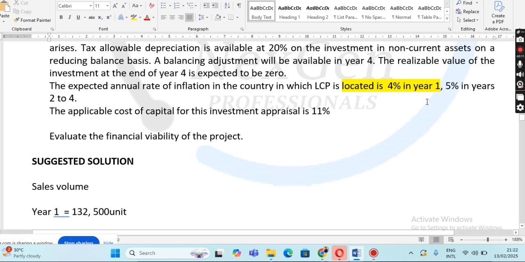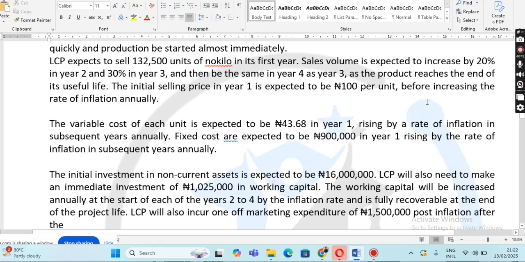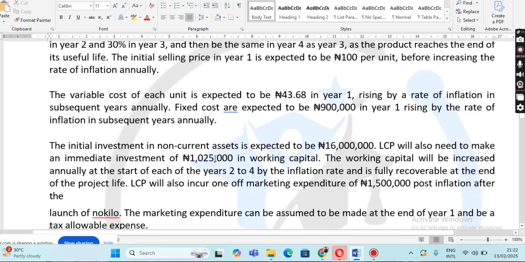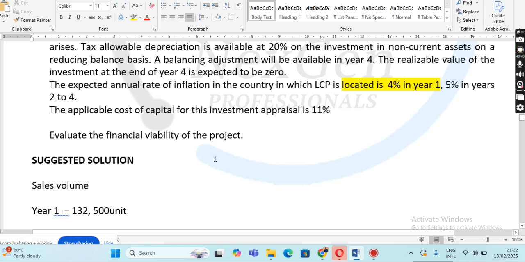No, it will not apply to year 1. The selling price in year 1 is expected to be 100 naira per unit before the rate of inflation is applied. So after year 1 is when it will start to increase, and it is by 5%. Is that not so?